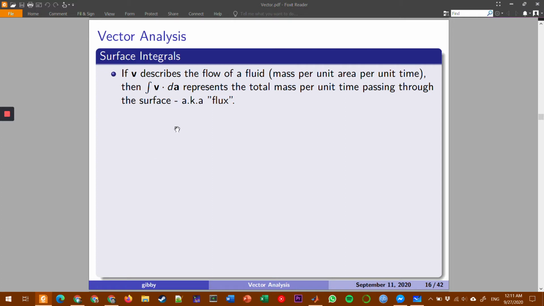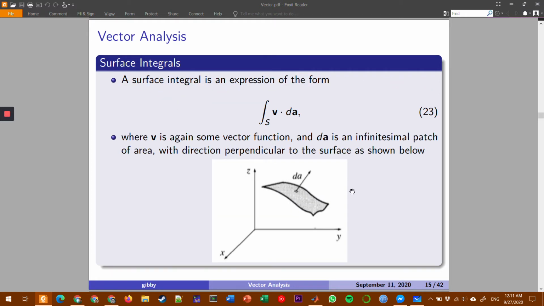The contribution is bigger if your vector function is parallel to the direction of your area, and if your vector function is perpendicular to the direction of the area, it has no contribution.